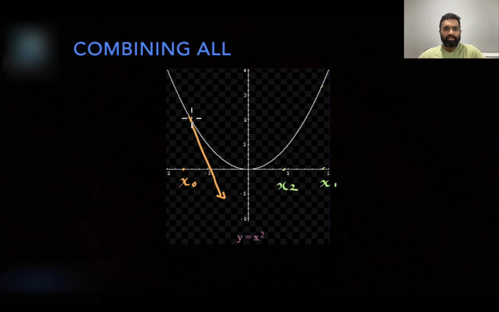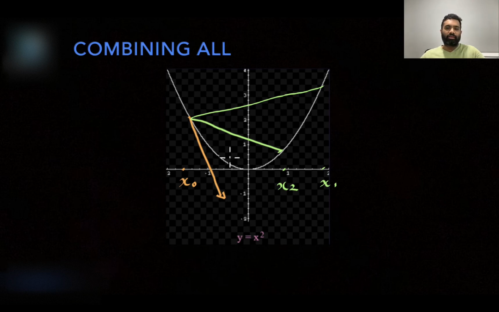So the line joining x1 and x2 is this particular green line, and by the property of a convex function, this green line will be above the curve between x0 and x1. Similarly, the line joining f of x0 and f of x2 is this second green line, and for the second green line also this property is satisfied.